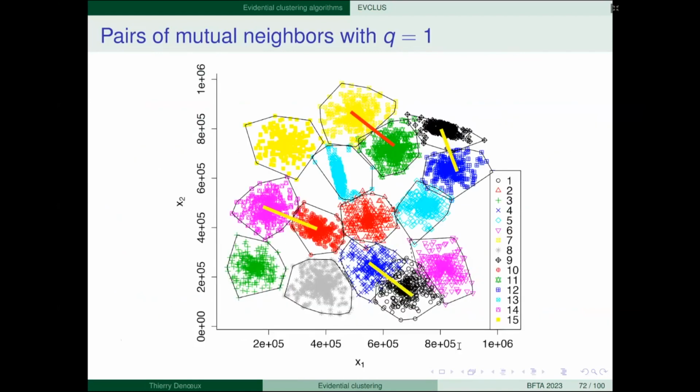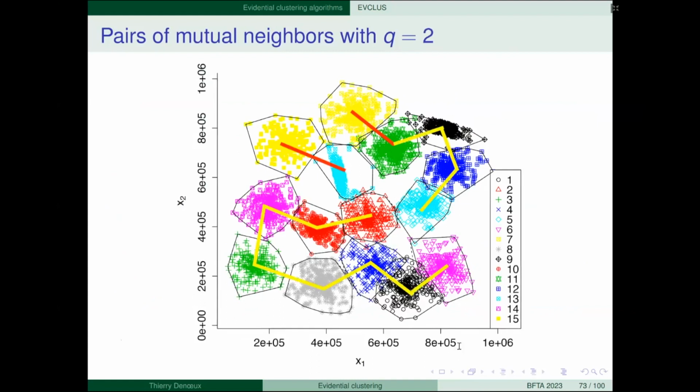So here we see that for q equal 1, we have 4 pairs of mutual 1 nearest neighbors. So these are the clusters that really overlap. And then we add these 4 pairs as focal sets and run again EVCLUS, for example. If we take q equal 2, we have a little bit more pairs.